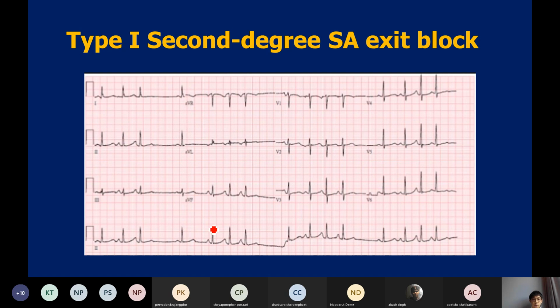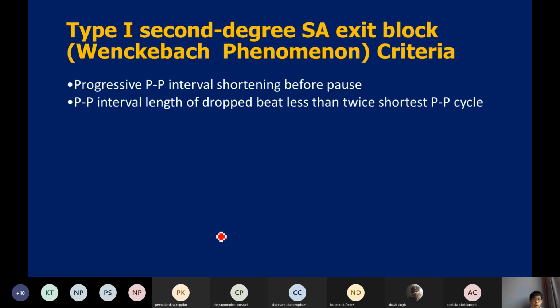Here is the ECG of type 1 second degree SA exit block. These are the criteria I have spoken about before: progressive PP interval shortening before the pause, and the PP interval length of the dropped beat is less than twice the shortest PP cycle length.